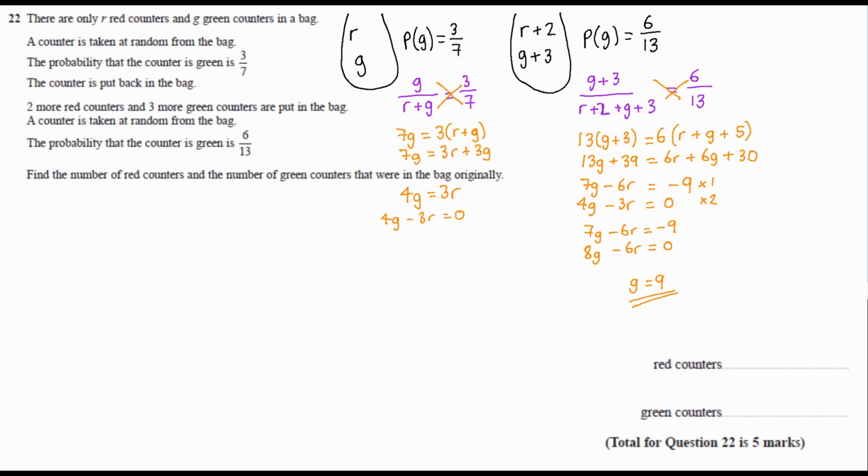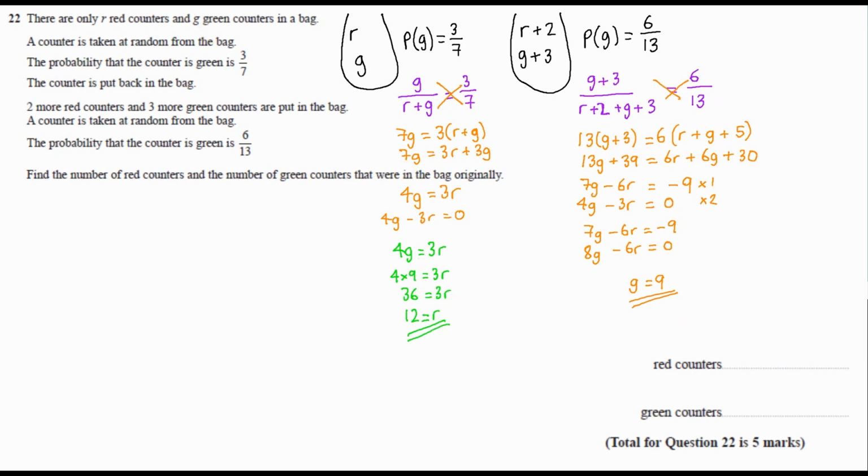And we can use this equation here again. So if 4G is equal to 3R, and now that we know that G is 9, 4 times 9 is 3R. So 36 is 3R. Divide both sides by 3, you get 12 equals R.